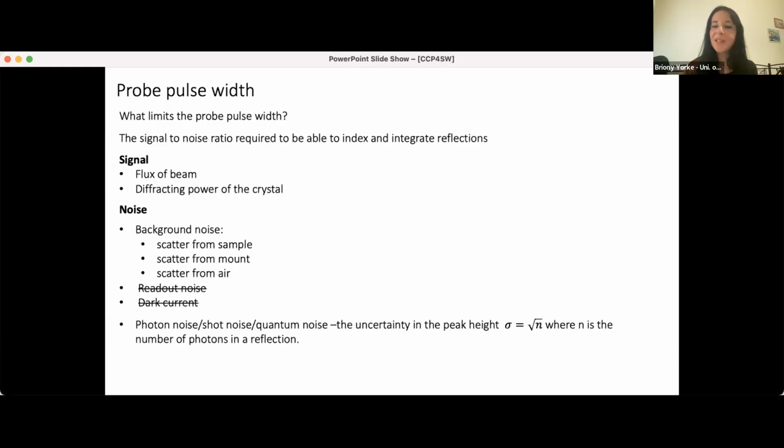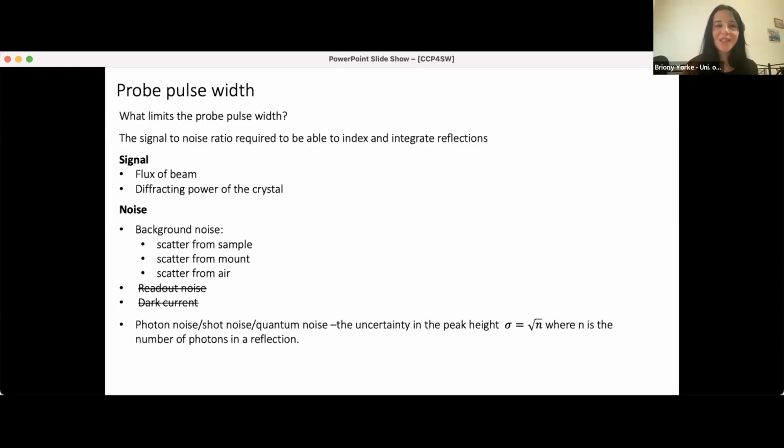So can we see those individual reflections over the background scattering from the crystal? The signal is determined by the flux of the beam, which we can't really change, and the diffracting power of the crystal, which oftentimes is simply down to luck or how well we've optimized our crystallization conditions.